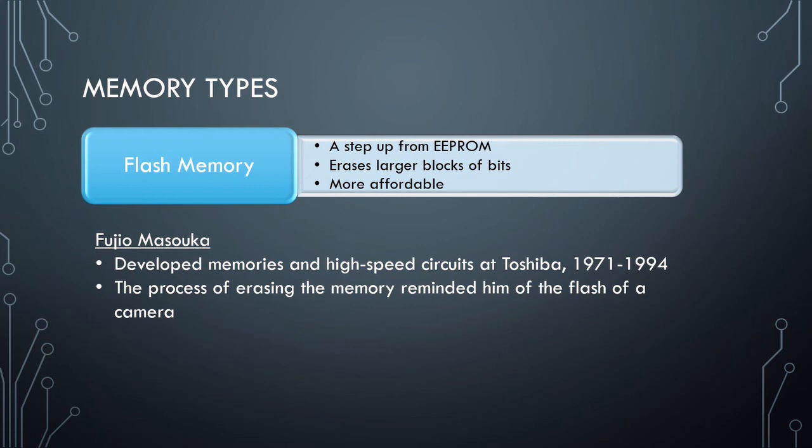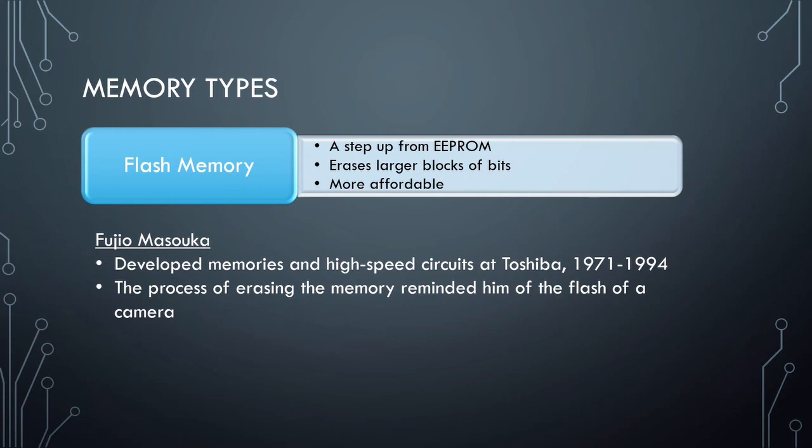And flash memory was developed by Fujio Masuoka. He developed memories and high-speed circuits at Toshiba from 1971 to 1994. So he was able to develop this flash memory type, and it's called flash memory because the process happened so fast it reminded him of the flash of a camera.